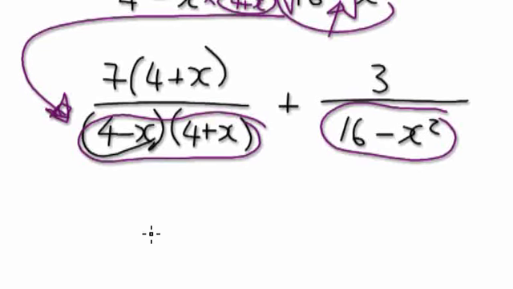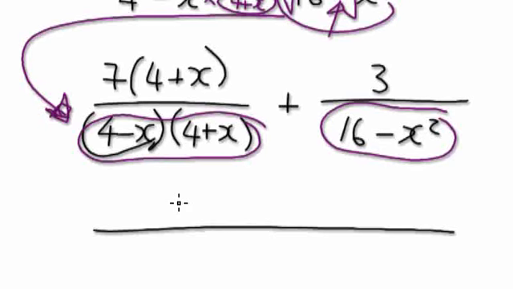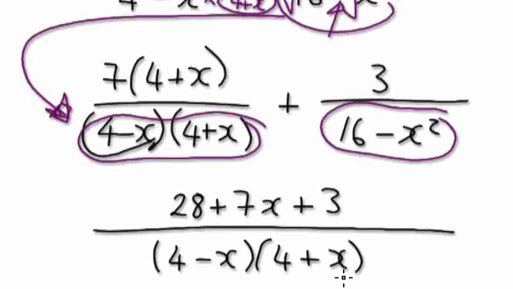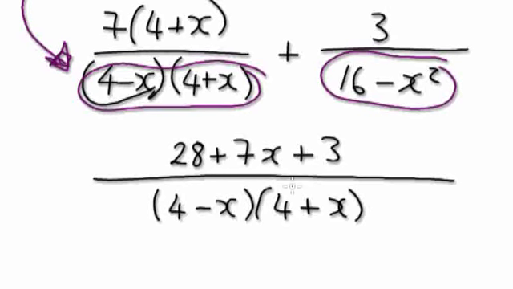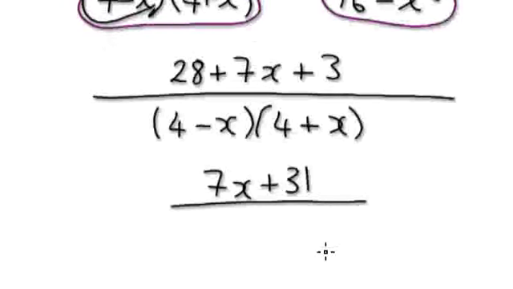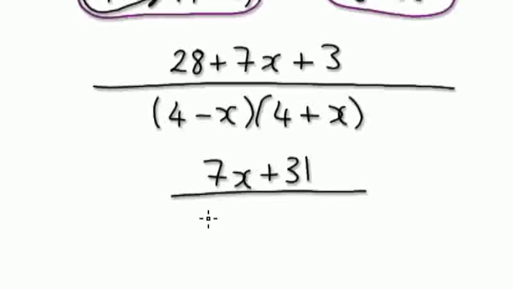So let's merge them now. So this will be 28 plus 7x, and then plus 3 times 4 minus x, over 4 plus x. Okay, and we can merge these two. So this will become 7x plus 31 over that thing there.